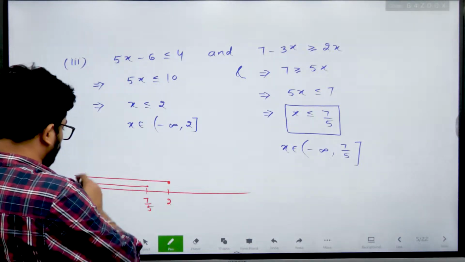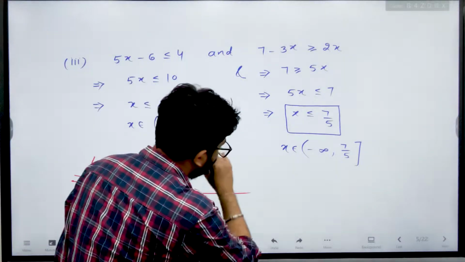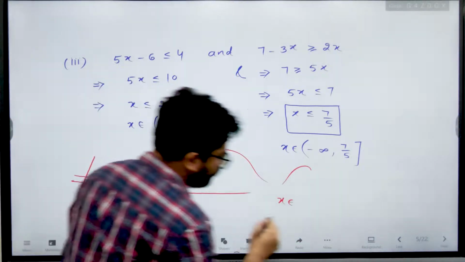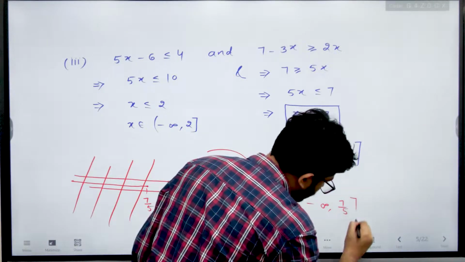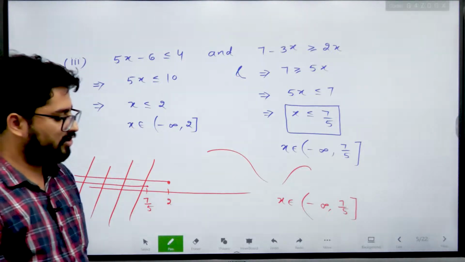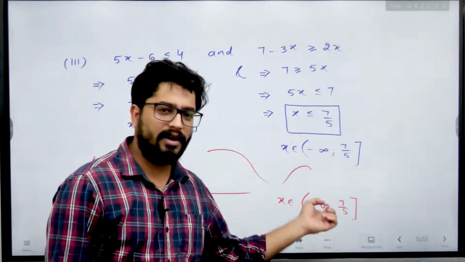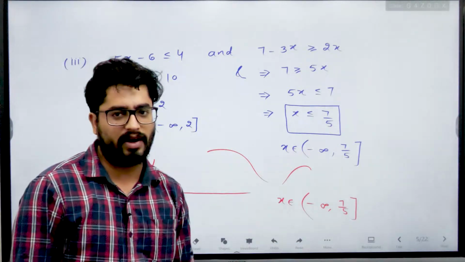So x belongs to this common portion. Finally, x belongs to minus infinity to 7 by 5 closed. That's your final answer. Got it? I think in your assignment you have 2 here, so change your answer. That's 7 by 5.